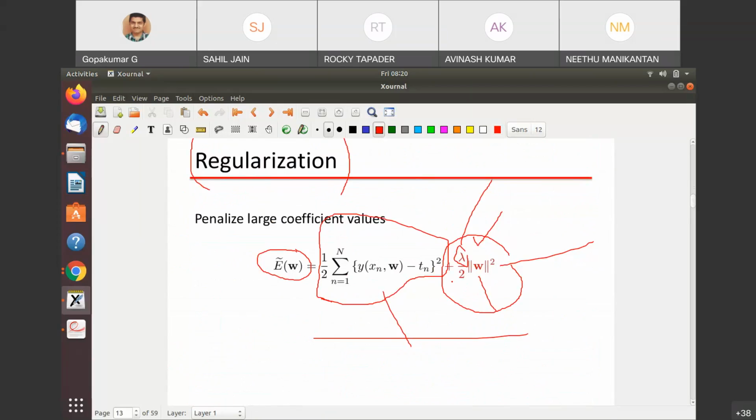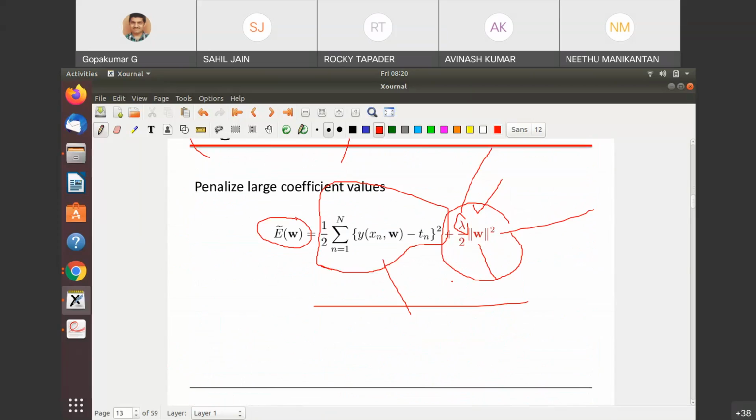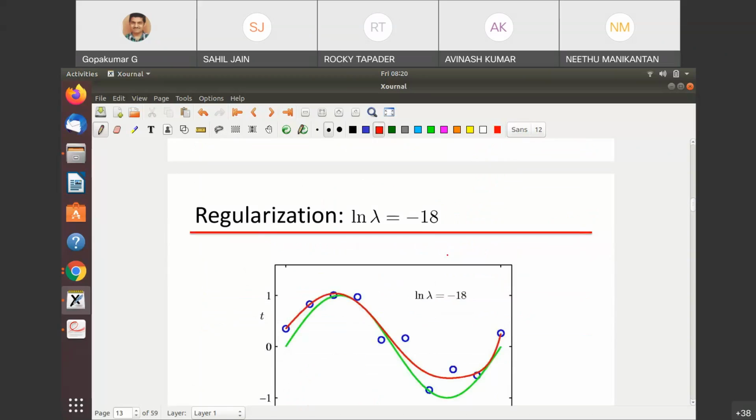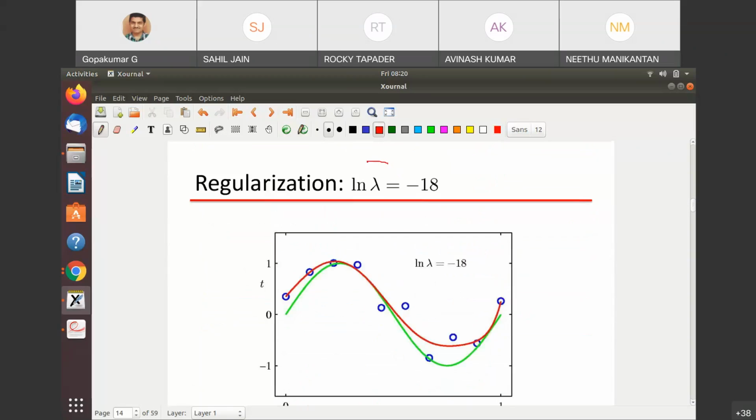So lambda equal to 0 is one case. Lambda being a large value is another. We will see some plots where the log of lambda is taken and the regularization term is added. Suppose we have a value where ln of lambda is equal to minus 18. These are typical examples that have specific interest in the problem we are discussing.